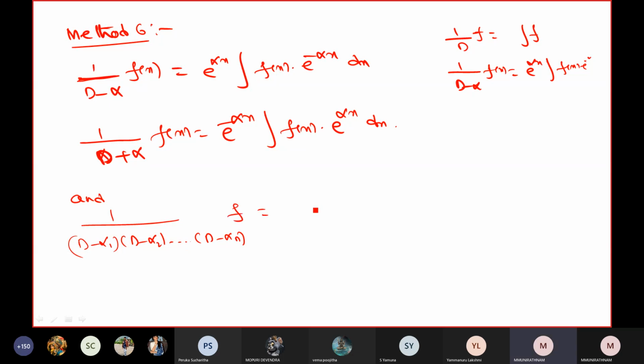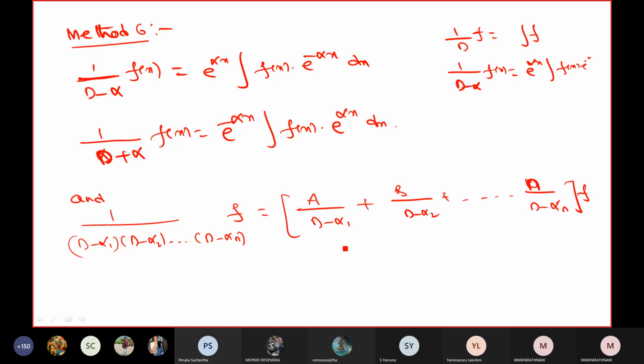We can express 1 by f of D using partial fractions, as A by (D minus alpha 1) plus B by (D minus alpha 2) plus and so on, up to K by (D minus alpha n), into f. Using partial fractions, we find these A, B, and so on values, and then we can apply the formula.